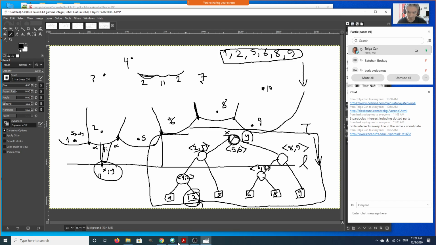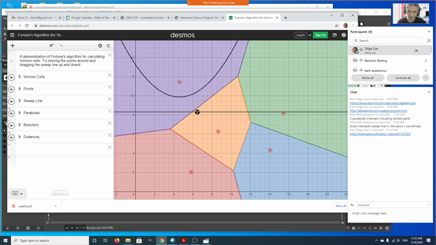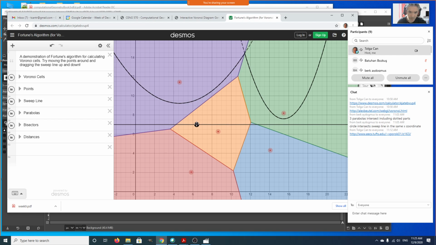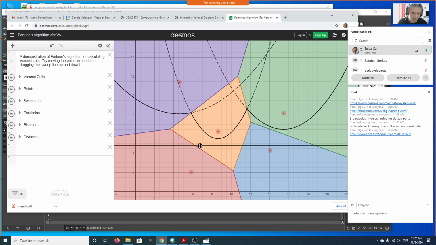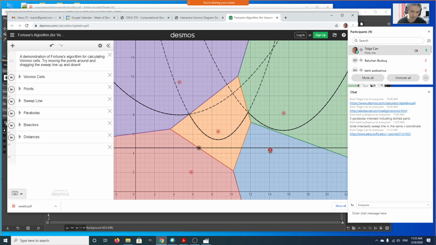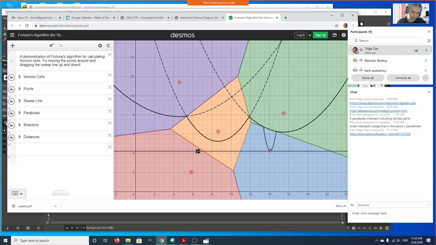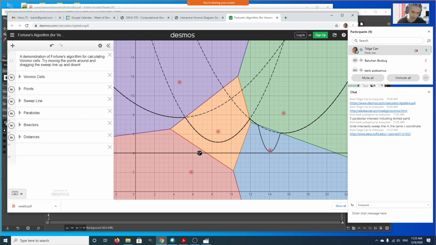So let me show you on an example here. Look at the point where the sweep line hits this event point, where we are going to get a new parabola. And look what happens. Look at this edge, the green edge. These 2 breakpoints trace out the same edge as you can see.